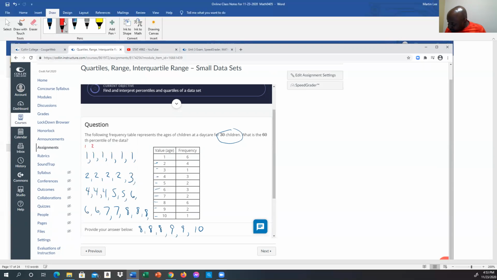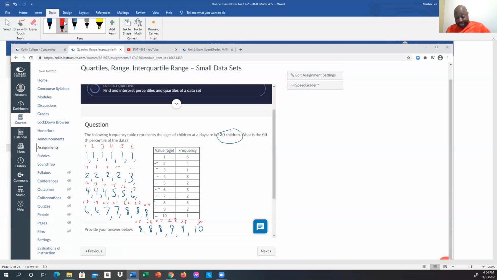So first number, second number, third number, 4, 5th, 6, 7, 8, 9, 10, 11, 12, 13, 14, 15, 16, 17, 18, 19, 20, 22, 23, 24, 25, 26, 27, 28, 29, 30.